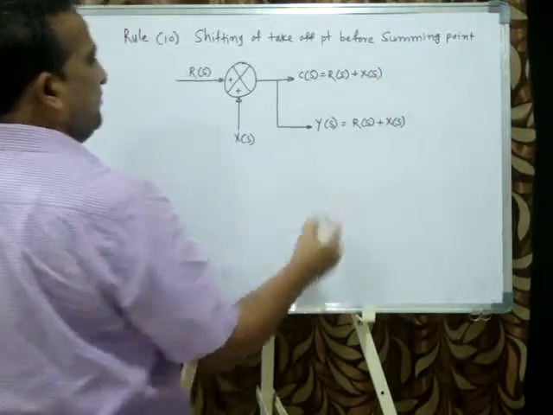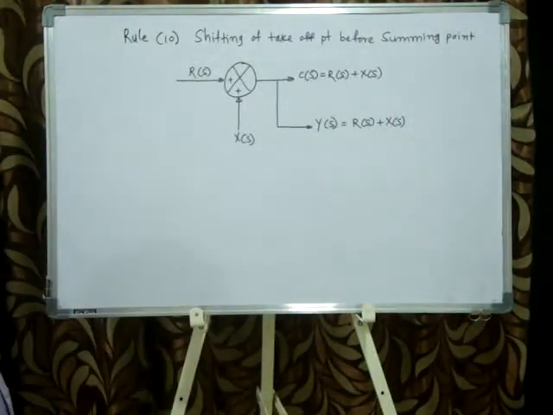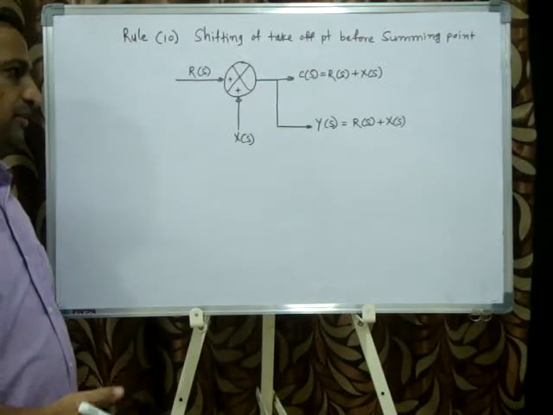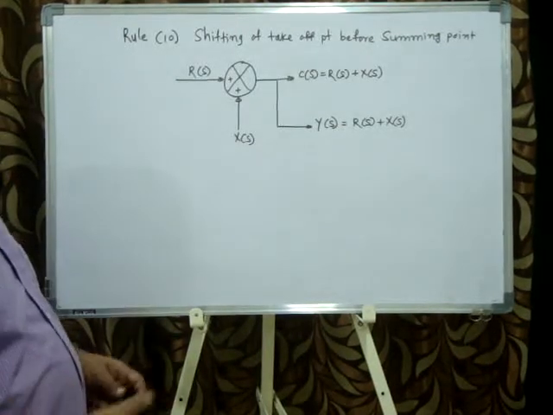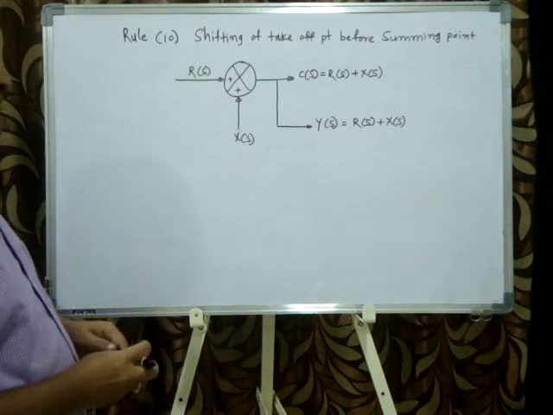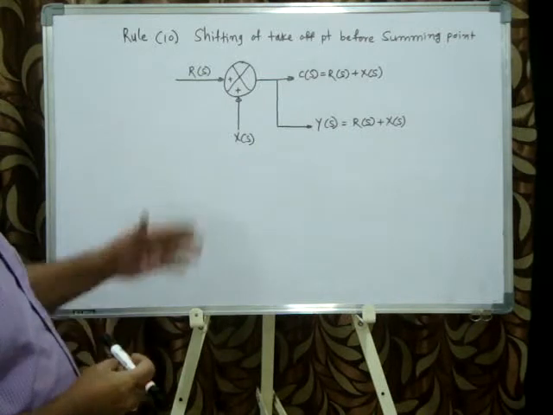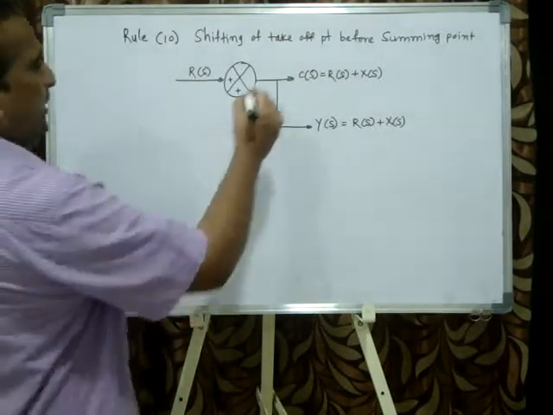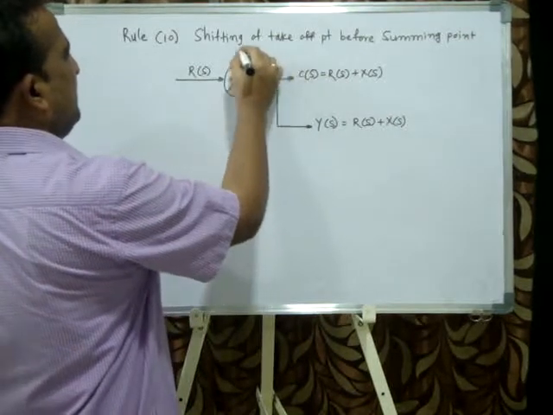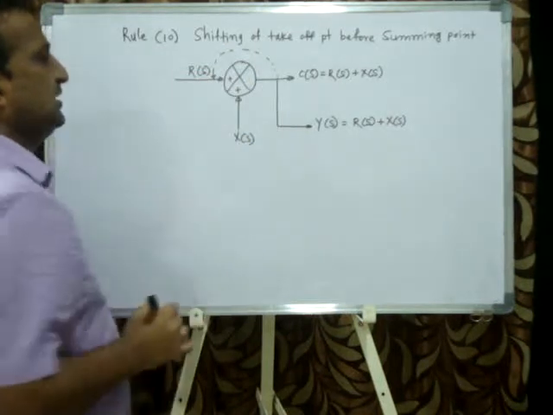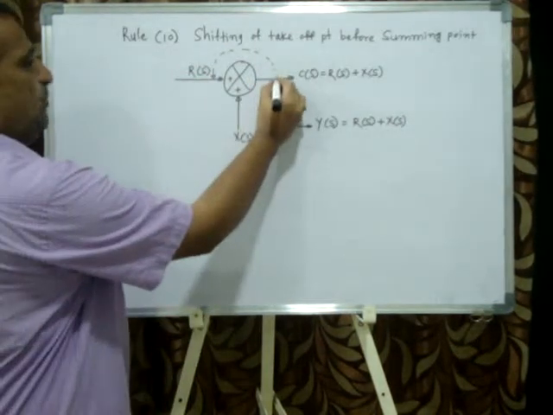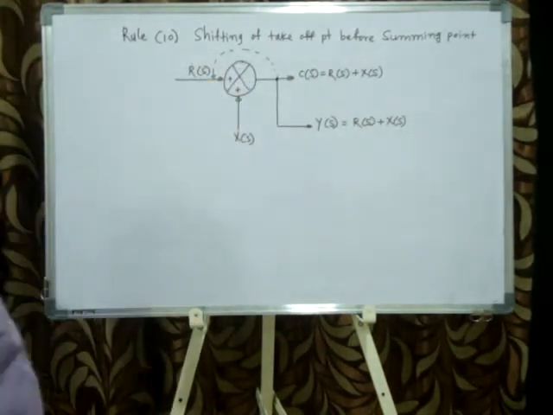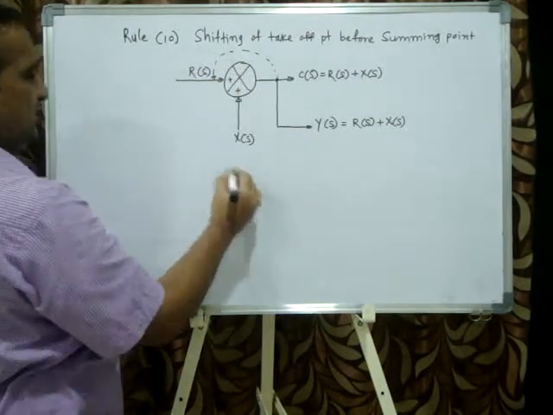Suppose I need the same temperature of water, or whatever the same output, it may be temperature, it may be pressure, okay, it may be displacement, same both. I'll use a different application, but now due to the space problem, I want to shift this take off point, this is called take off point before summing point. This is called a summing point.